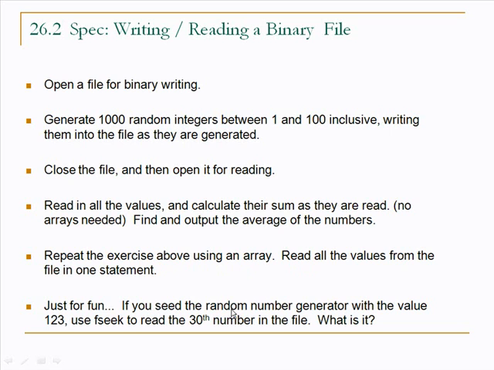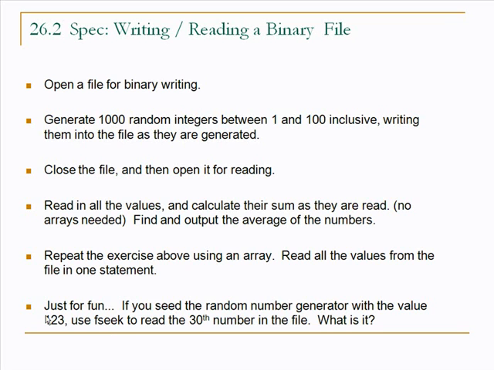If you seed the random number generator with 123, and then use Fseek to read the 30th number in the file, what is it? Okay, we have to understand what Fseek does. It moves the file pointer around in the file.